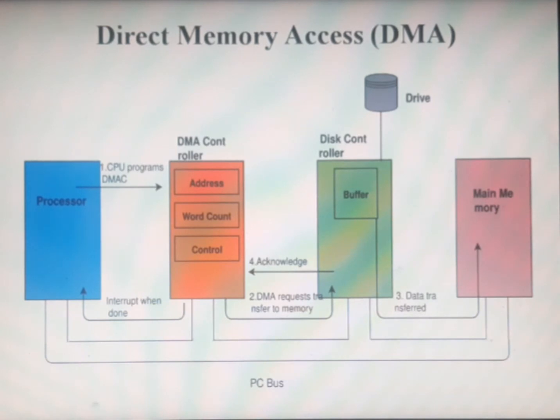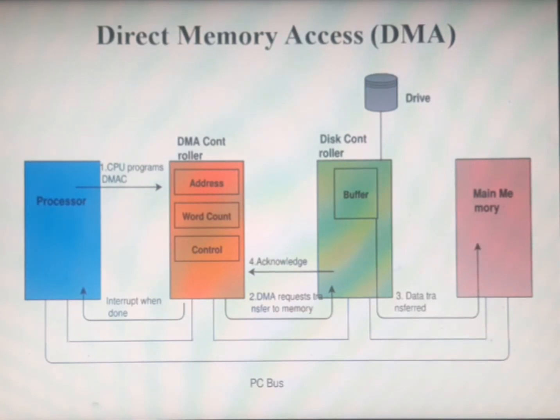If you interrupt the CPU every time, it becomes a problem. Why does it stop its execution and execute your work? Because I/O device work is priority based. Whatever process the CPU is executing is kept aside and it takes the input output device request first.